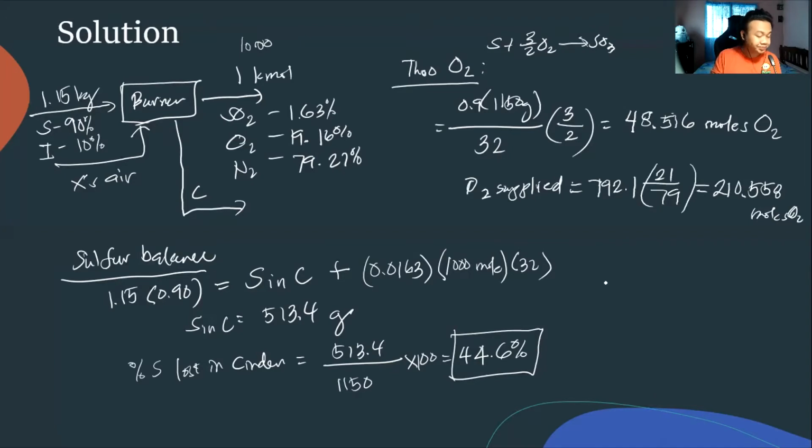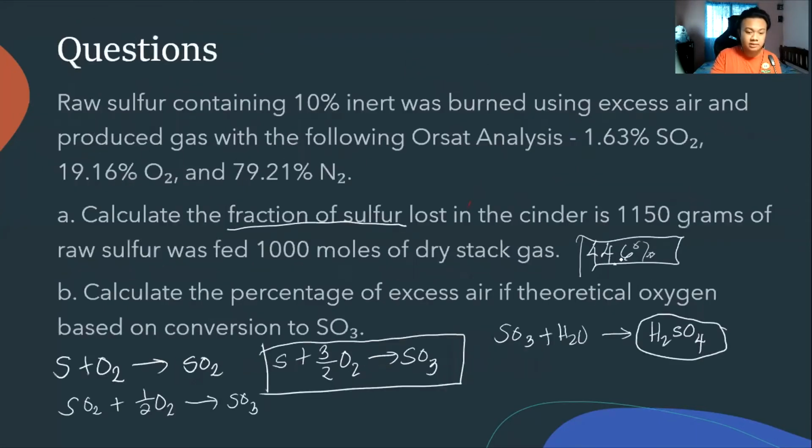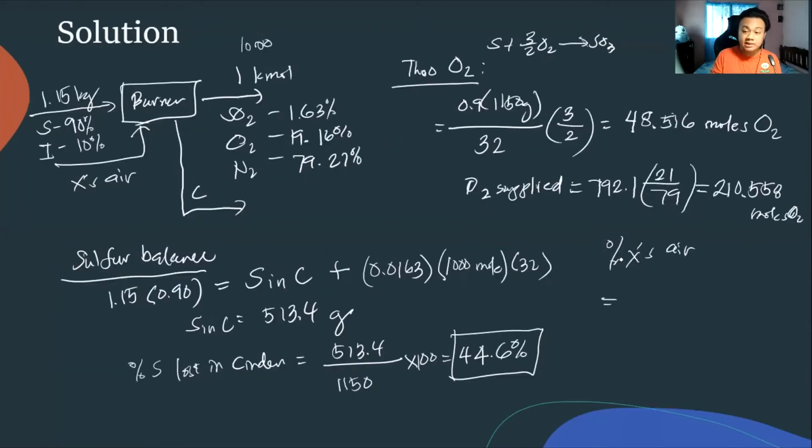Moles O2. And then you will get the excess air or excess O2 for that matter. They're just the same actually. So the formula will be the actual minus the FeO₂ over the FeO₂.